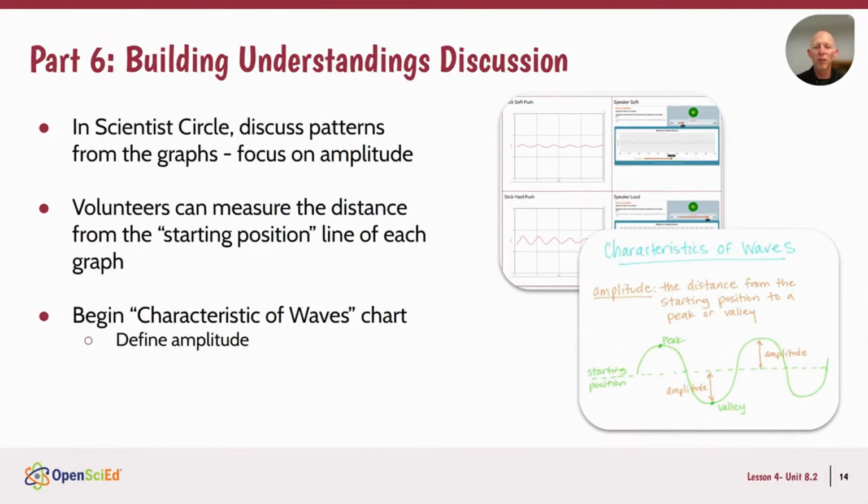You can even have volunteers measure the distance from the starting point in each graph, so you're better comparing the amplitude. And throughout this discussion, you're tracking the takeaways on this characteristics of wave poster. Again, the big takeaway: louder sounds are produced from larger vibrations with bigger amplitudes.